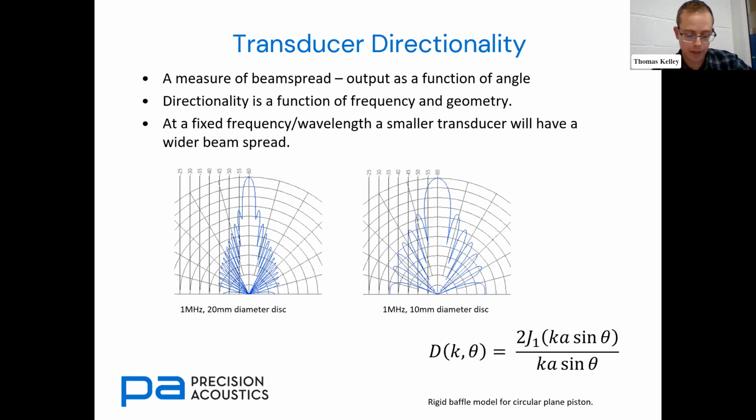If you want to play around with asymmetric beam patterns, for example, fields which are very divergent in one axis but less so in another, you could consider non-circular radiators, rectangular geometries, where the piezo is longer in one axis than the other, and that will lead to that sort of behavior, which can be a useful tool for some applications.